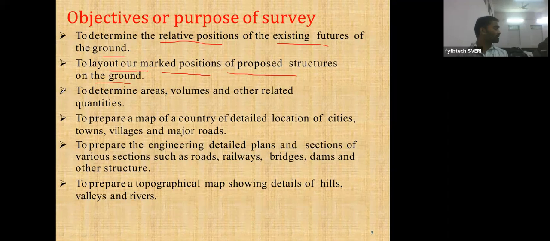In the multiple choice questions, they may ask about these purposes. Then the third point, to determine areas, volumes, and other related quantities.